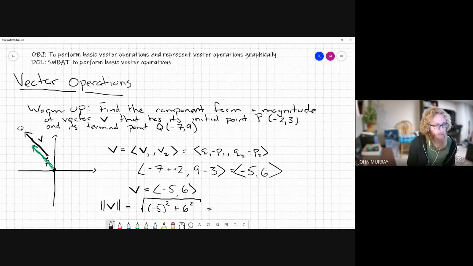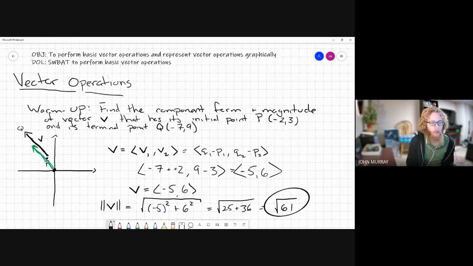Now, 5 squared gets us positive 25. Be careful if you're plugging that into the calculator, make sure you don't get negative 25. And then 36. We add them together and we get the square root of 61. And remember, we're going to leave it just like that. We don't have to calculate.